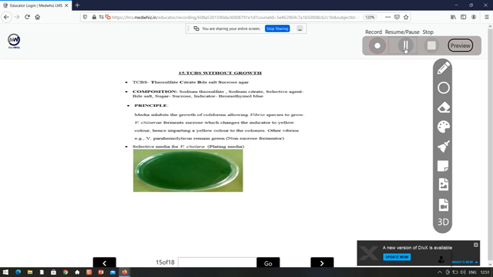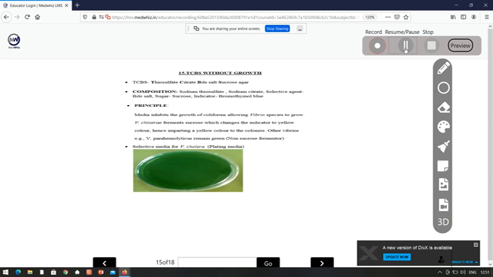Vibrio cholerae ferments the sucrose present in this TCBS, which changes the indicator to yellow. So in case of sucrose fermentation by Vibrio cholerae, the colonies will be produced as yellow colored colonies. Hence, we see yellow colored colonies in the TCBS. This is the typical nature of Vibrio cholerae.